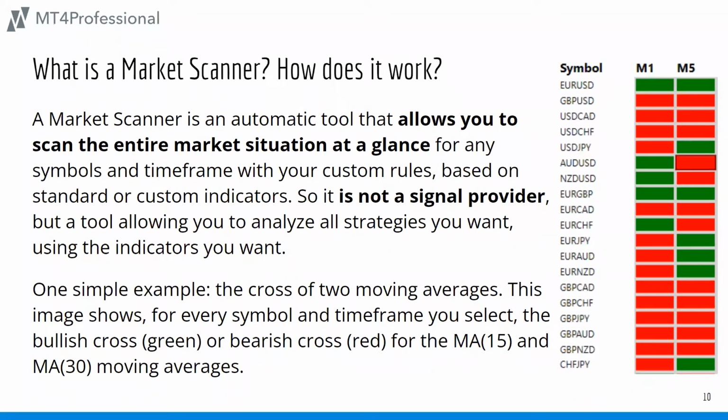Visually, I would like to see something like you see on the right, where I have a list of symbols and a spreadsheet format that shows me every symbol I'm interested in and any time frame I might be looking for. I would see an array of signals, basically saying go, no go, red, green, buy, sell, bullish, bearish.